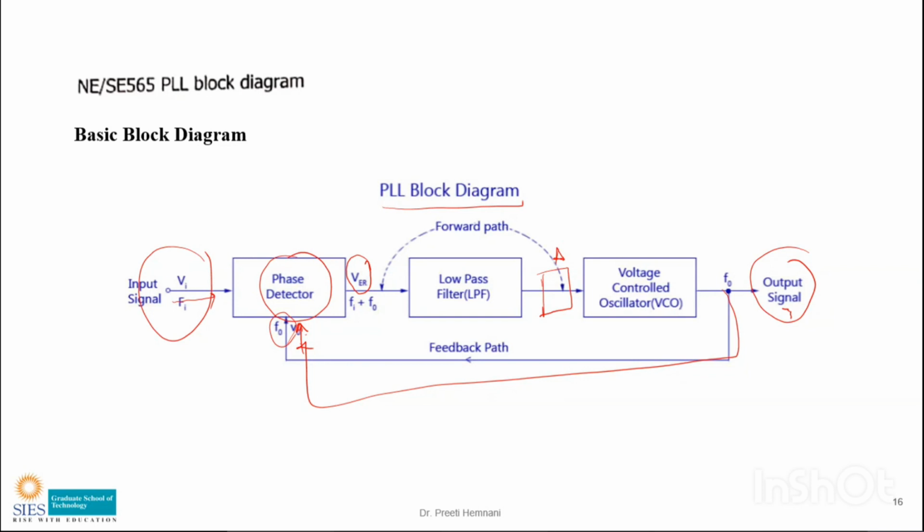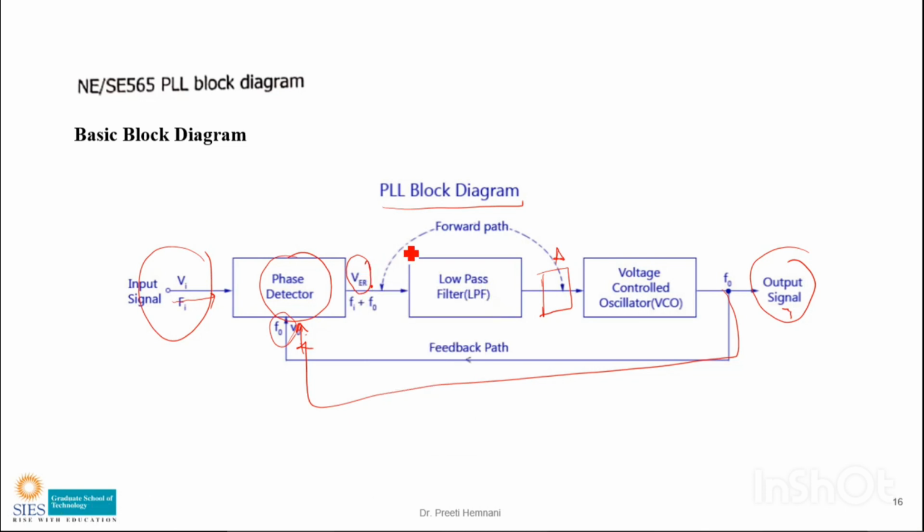It will take the difference of the phase of these two signals, and it will give the error output. The output is called VER, the error voltage. You can see this is VER. So the phase detector will compare the phase of the input and the phase of the output, and the output will be the error voltage.